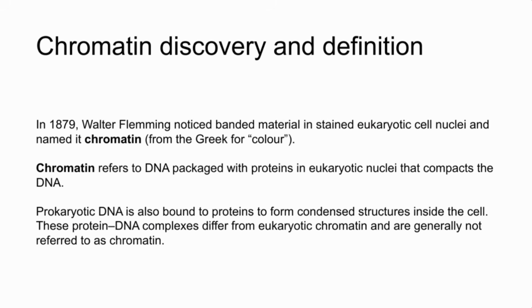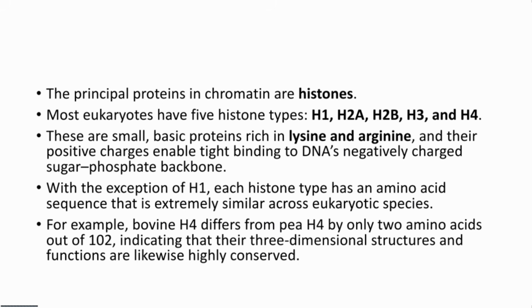Prokaryotic DNA doesn't have these protein-DNA complexes, so that's where it differs, and it is not generally referred to as chromatin. The principal proteins in chromatin are called histones, and there are 5 types: H1, H2A, H2B, H3, and H4.